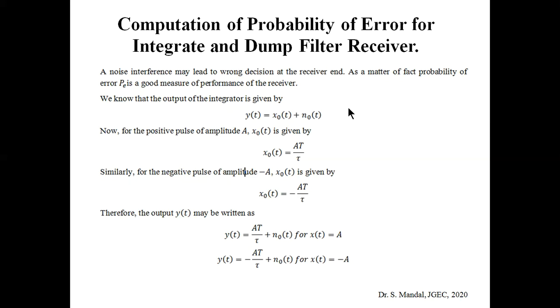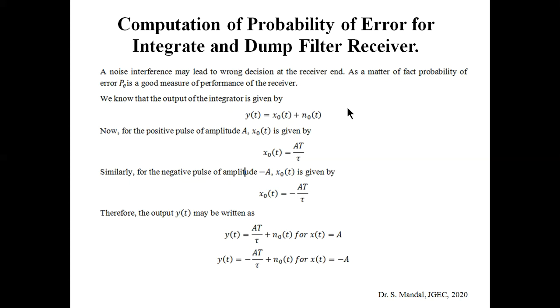Okay, so we know that the output of the integrator is given by y(t) equal to x naught t plus n naught t. Now consider polar NRZ line coding.